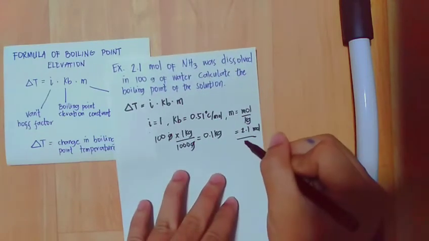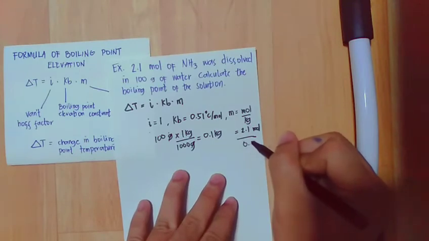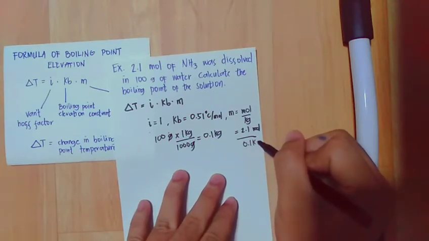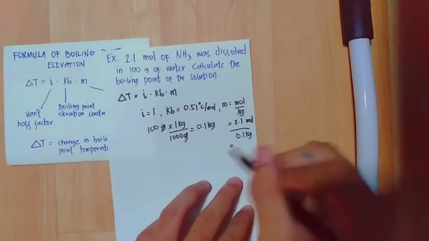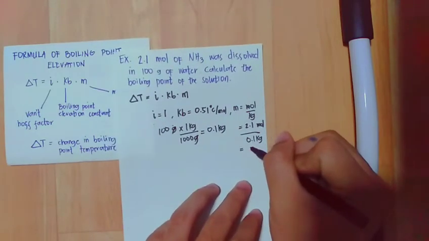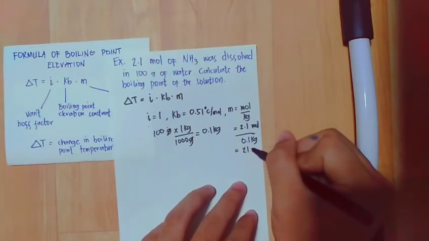So this is the answer, 0.1 kilogram. And 2.1 mole over 0.1 kilogram is equal to 21 molal.